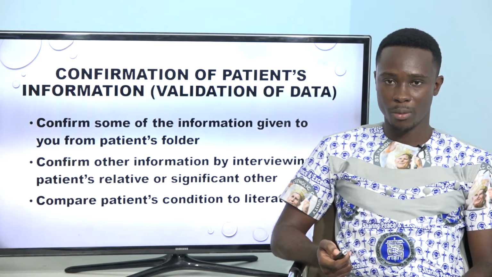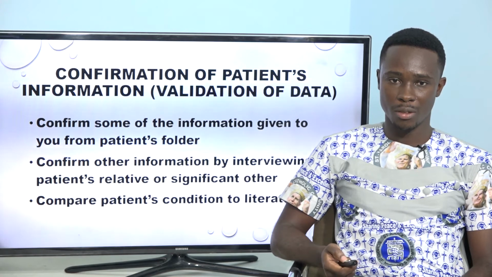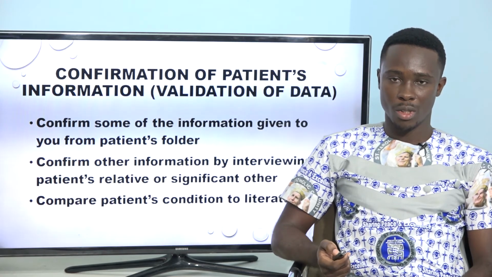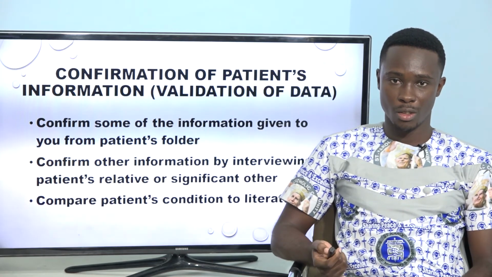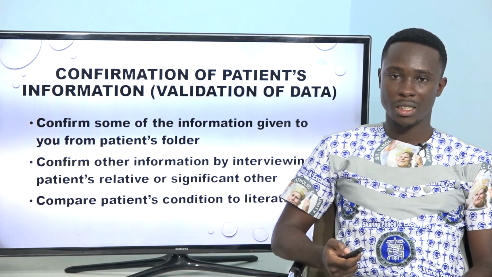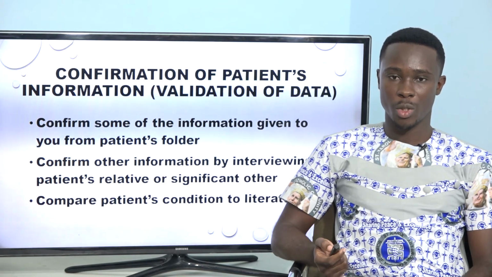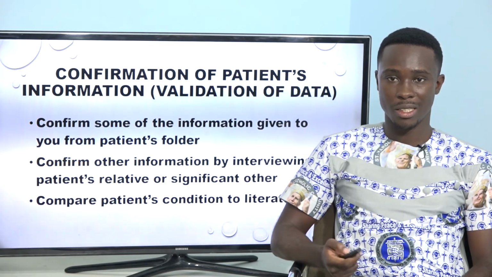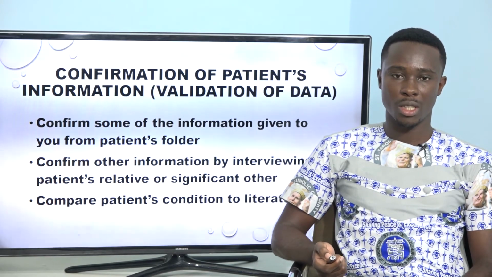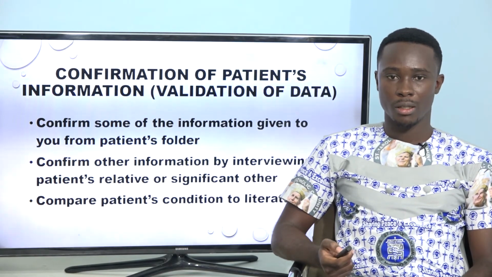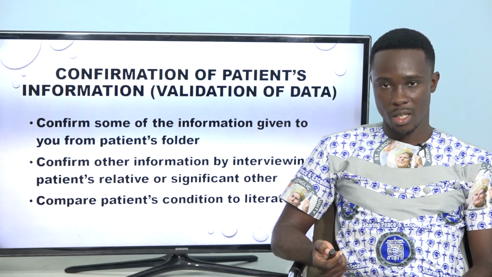So you can confirm that by cross-checking in the folder, and you know that the patient is telling you the truth. You also confirm other information by interviewing the patient's relative and significant others. So the patient tells you that he was born here, he went to school here and all that.